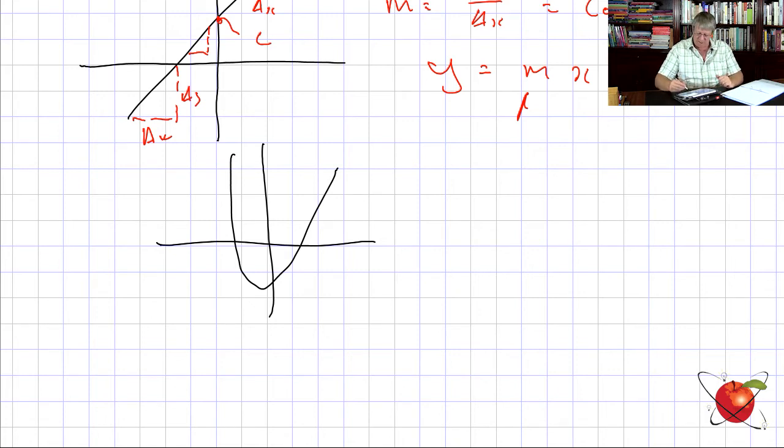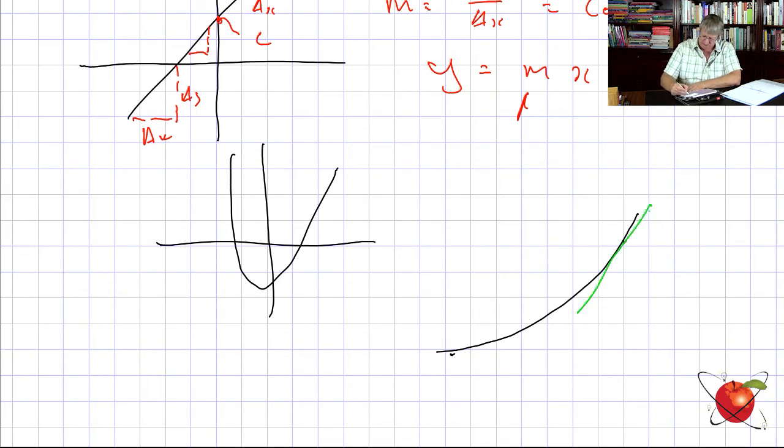Let us zoom in on it. How do we work out the gradient here? Well, we know the y coordinate there, but can you see the gradient depends on where you take it? Because over here, let's just draw in a line. Over there, at that point, the gradient is that.